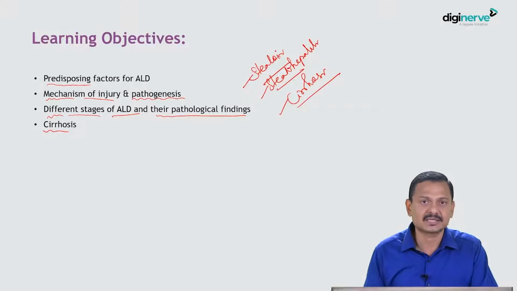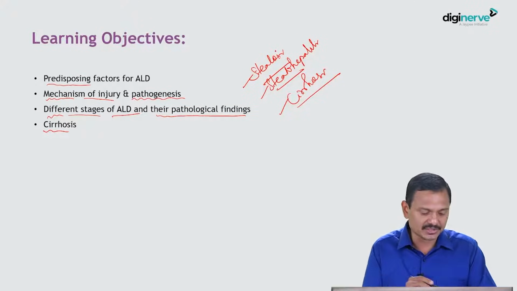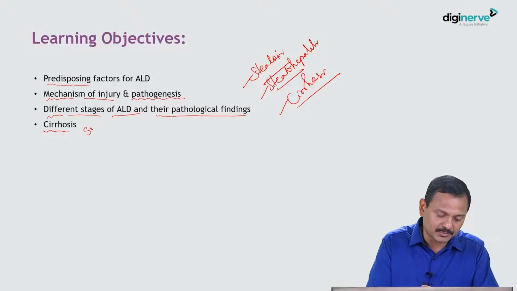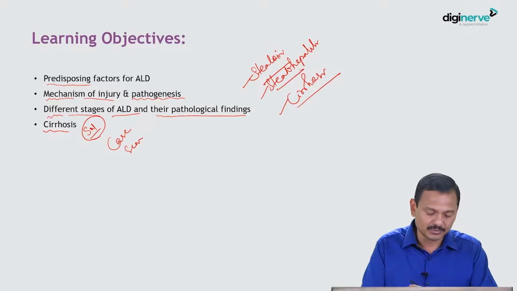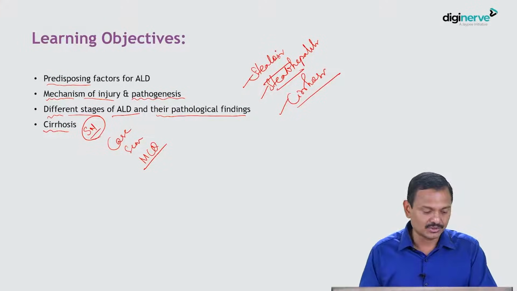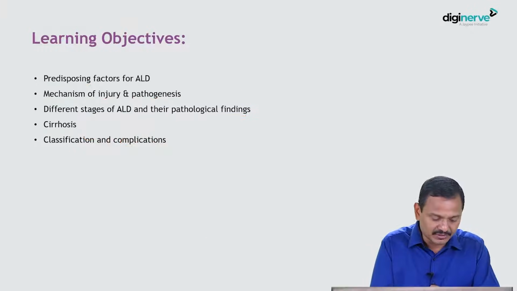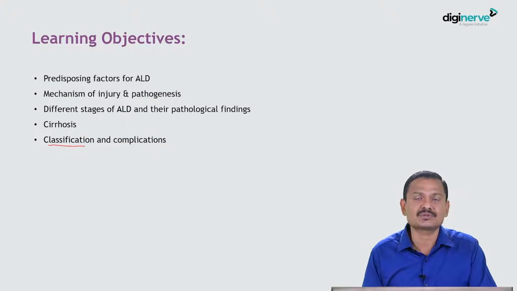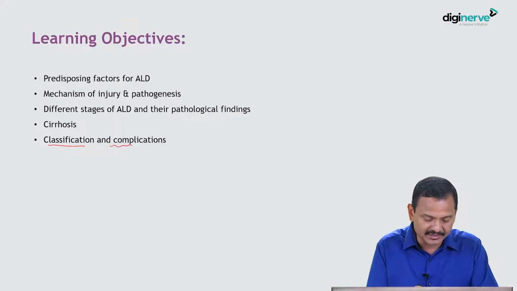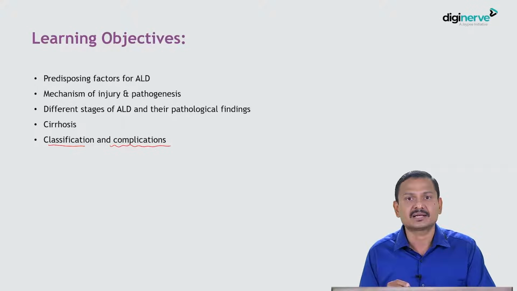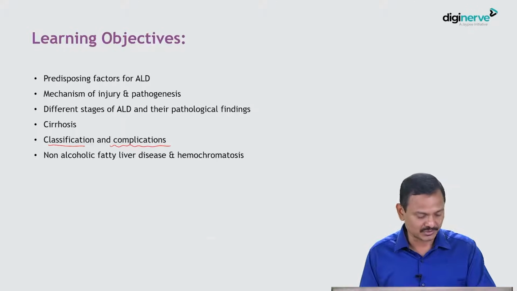Then we will see the details of cirrhosis, because cirrhosis is an important topic where you may get a case scenario, or a short note, or MCQ type questions. Then we will talk about the classification of cirrhosis according to etiology and morphology, and the complications that come because of cirrhosis.